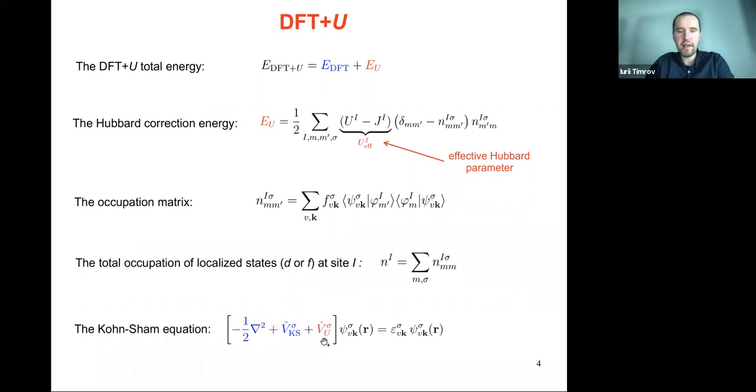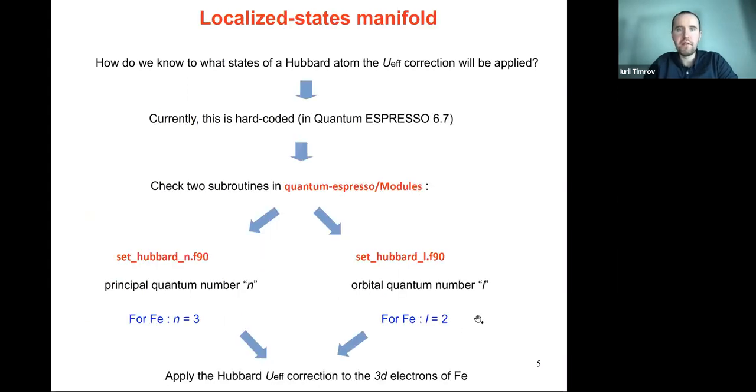But now we have an extra potential in red. This is the Hubbard potential. This is the derivative of E of U, this Hubbard energy. And I didn't write here the expression for the potential, but it's quite simple. And in practice, we need to solve this modified Kohn-Sham equation that includes plus U correction for the d or f electrons. Okay, this was a brief reminder.